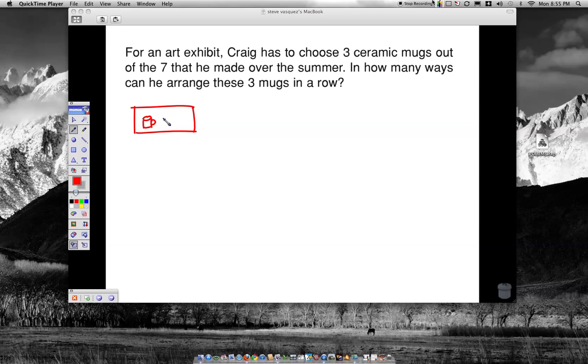I'm going to put mug number 1, mug number 2, mug number 3. He's created them all. They're all different sizes and different shapes. We need to arrange these for him, and he wants to choose 3 of them out of the 7, but he only wants to pick 3.